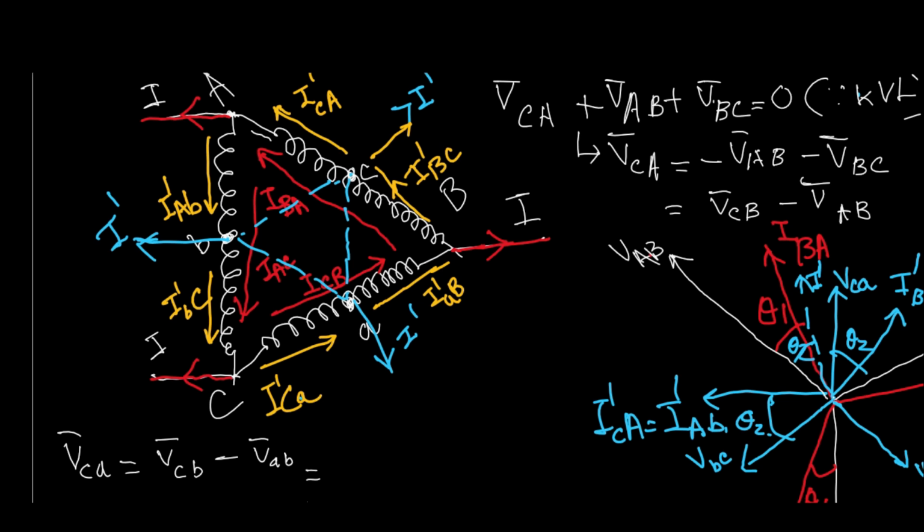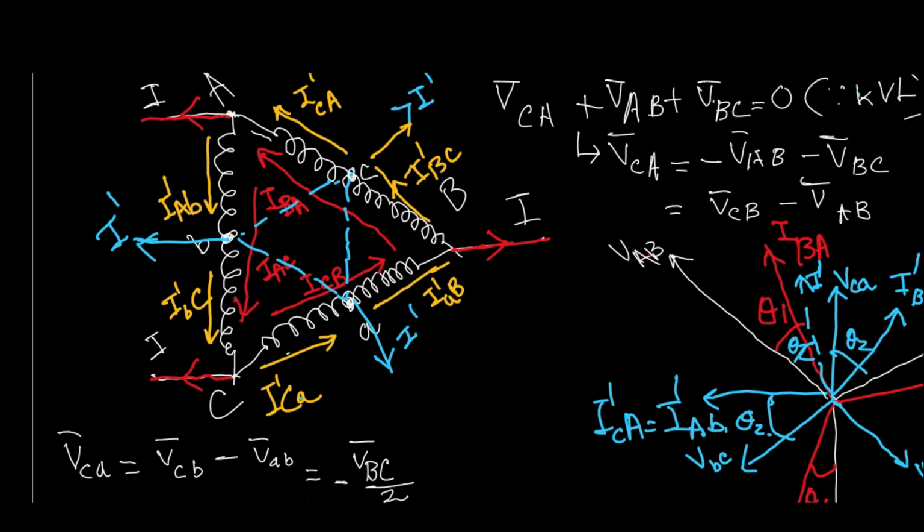Then what you can write is that magnitude wise VCB is half of this VBC. However, the direction of measure is just opposite of this, so you can write it is minus.